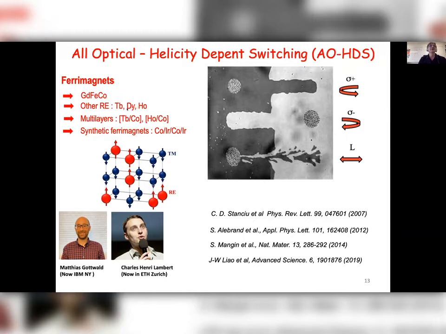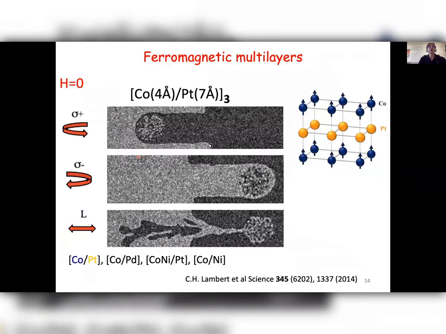So you don't need gadolinium, you can use terbium, dysprosium, holmium, you can do multilayers, use alloys, you can have crystalline samples, amorphous, you can have synthetic ferrimagnets without any rare earth, and you can also have a simple ferromagnetic layer, like cobalt platinum, cobalt palladium, cobalt nickel. And that also would show this switching using multiple pulses or sweeping the laser, as you can see here.